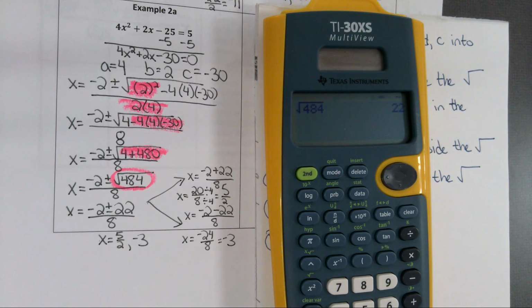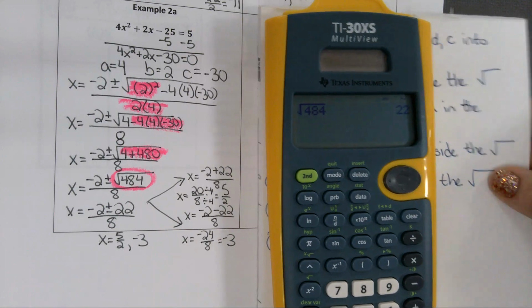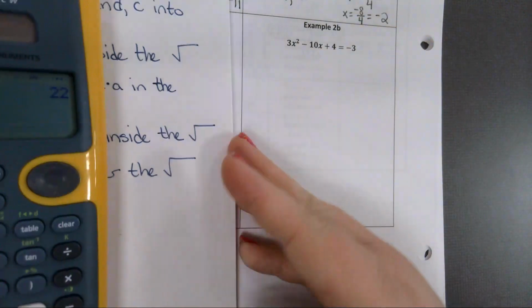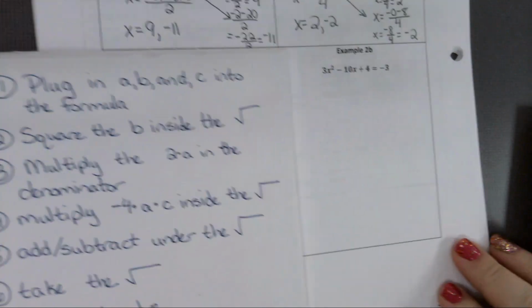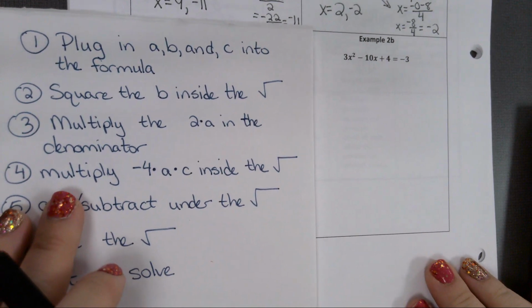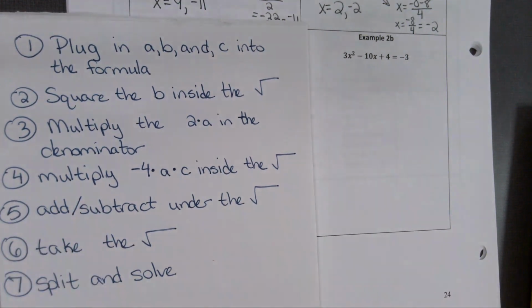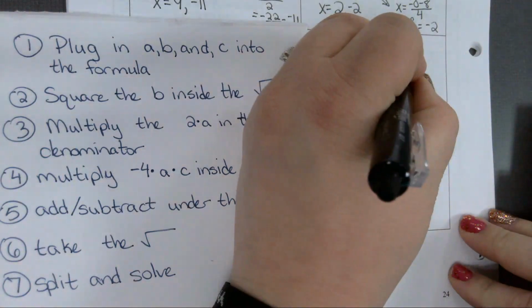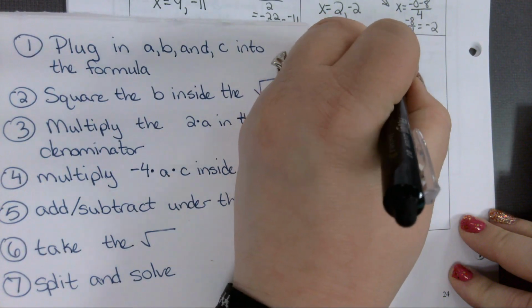Last one. Example 2b here. It doesn't equal 0 either, so I'm going to need to add 3 to both sides.